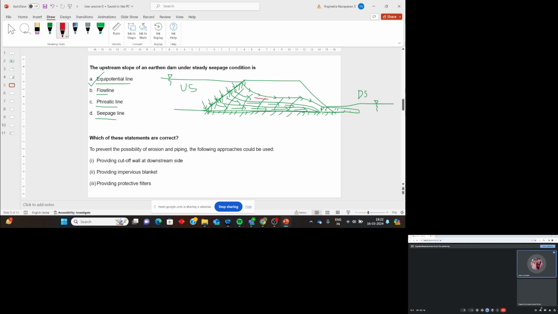Are you able to understand? Yes, sir. Understood. Now, in a similar way, water will also flow like this at the interface, right? Yes, sir. So this line is always the bottommost flow line.